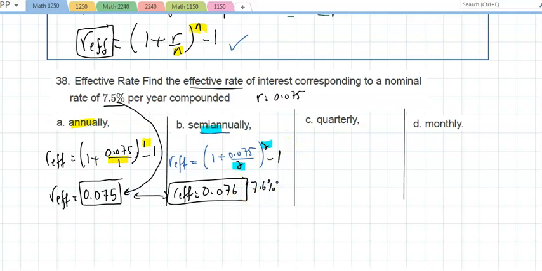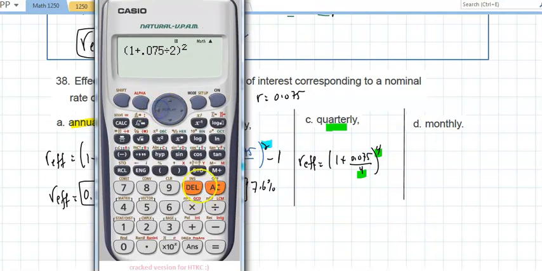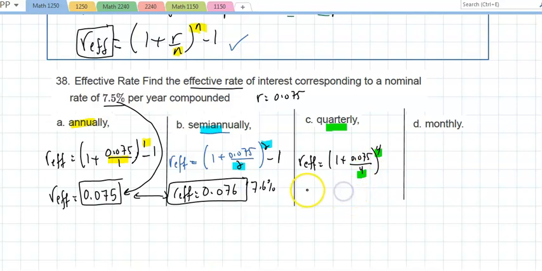That's all that means. What if a bank says we're going to give you your money quarterly? Well, you want to know, what does that mean compared to the rest? That means you're really going to get your interest quarterly. Isn't that a 4? And again, if I just go back and put a 4 there, and now that I forgot about the -1 right there, 0.077.